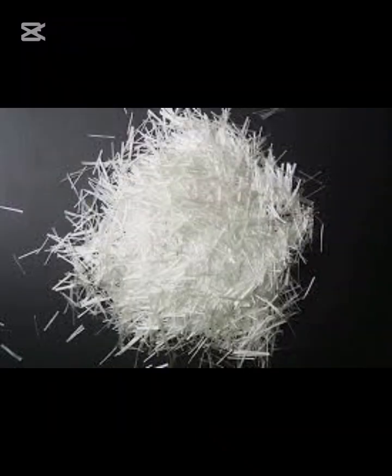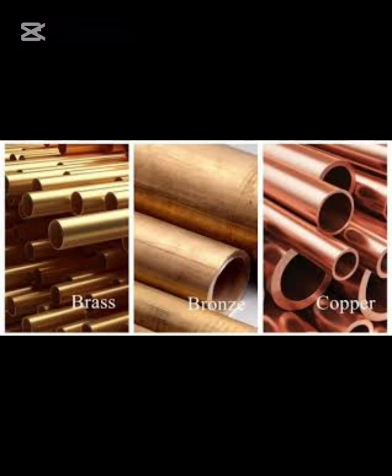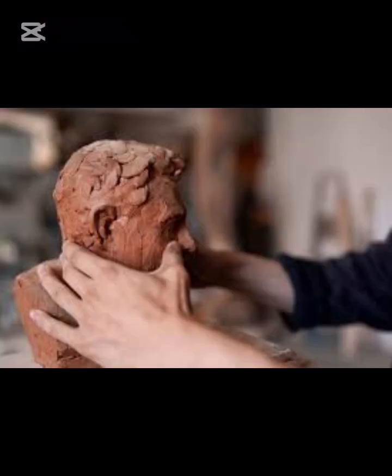In modern times, the sculptor has turned to new materials such as fiberglass, stainless steel, aluminum, bronze, brass, and copper. Sculpting tools. Sculpting tools are the extension of the artist's hand.